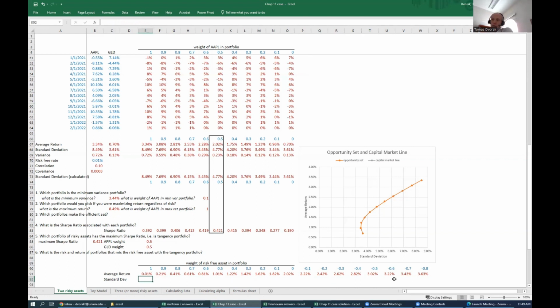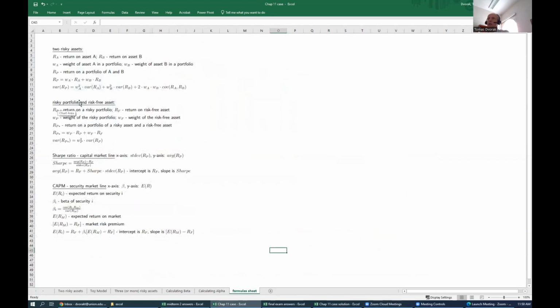Here, we have two assets and a linear combination of those two assets, but the formula is going to be simpler because the risk-free asset, by definition, has zero variance and zero covariance. So the variance of the portfolio that mixes risk-free return and the tangency portfolio is just the square of the weight on the risky portfolio times the variance of the risky portfolio.